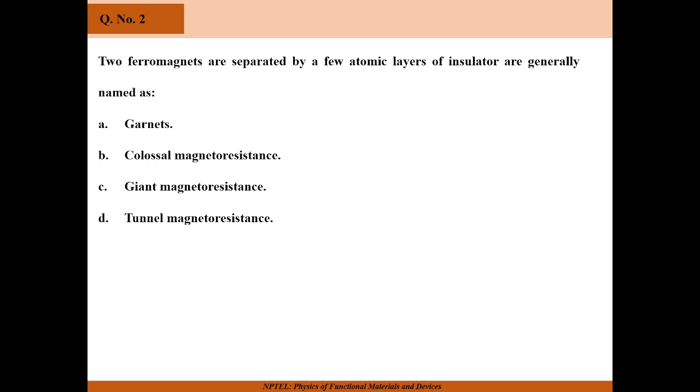Two ferromagnets separated by a few atomic layers of insulators are generally named garnets, colossal magnetoresistance, giant magnetoresistance, or tunnel magnetoresistance. So the idea is that they are separated by a few layers of insulators. What is it?